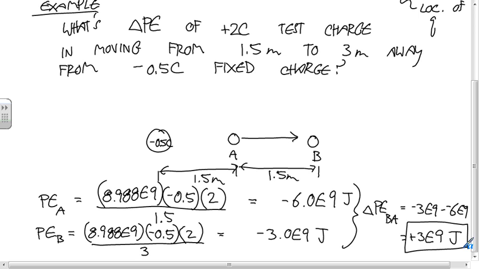Okay, so this says that the potential energy increases as you go from here to here. Does anyone have intuition about what the potential energy should do? Does that seem right or does that seem backwards? The potential energy of this particle is increasing as you go from here to here. Well, okay, so we have a negative fixed charge, a positive test charge. So those are going to attract.